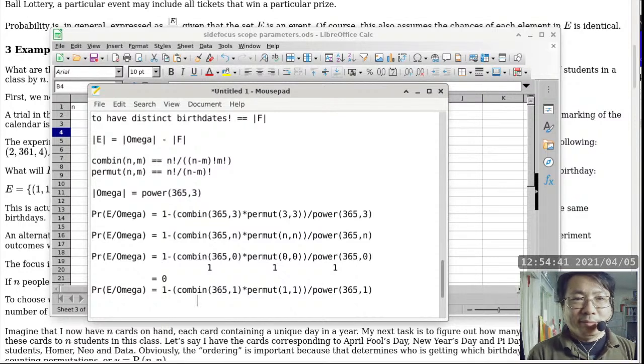What do you think? So I have a gigantic bag of marbles, of 365 of those. And how many ways can I choose just one out of the bag where ordering is not important?